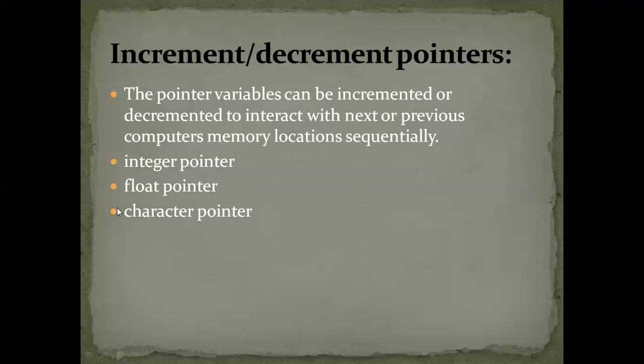The size of the float is 4 bytes. Then character: whenever we increment or decrement the character pointer, it will be incremented or decremented by 1, because it occupies 1 byte. You know that the size of the character is 1 byte, isn't it? So this is all about incrementing or decrementing pointers.